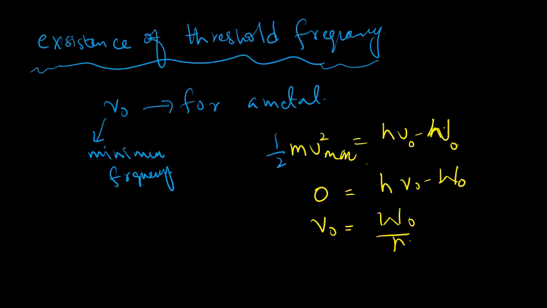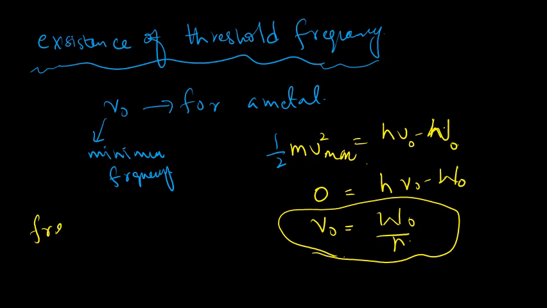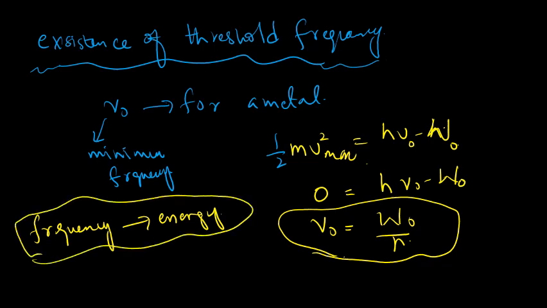So minimum frequency can only be explained with the help of Einstein's photoelectric effect, and again I will tell you that frequency is related to energy. So when a photon of energy h mu naught, which is equal to the threshold frequency, strikes the metallic surface, it gives off all its energy to the electron within the metal.